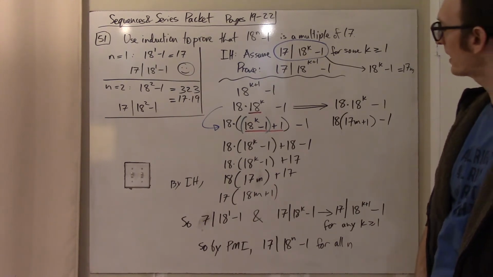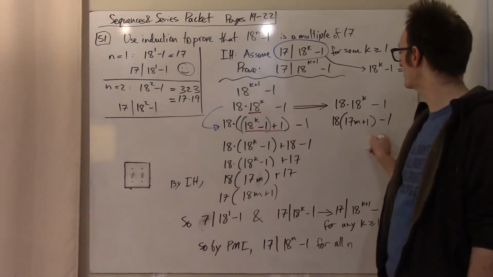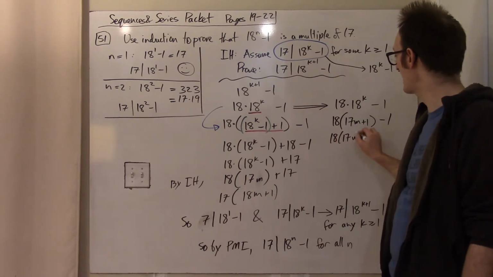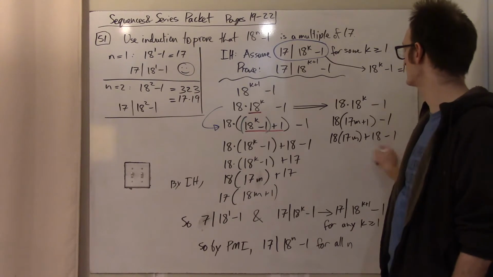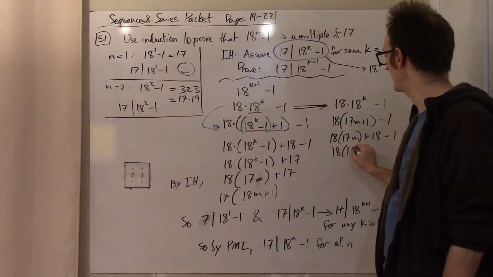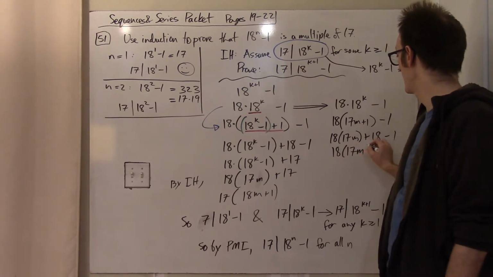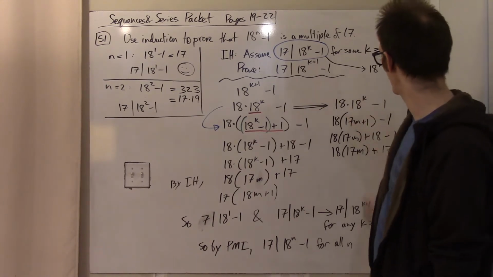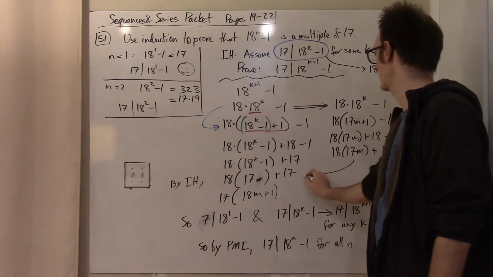You might feel better about that. And then when you distribute through, of course, you get 18 times 17m plus 18 minus 1. So it's really just the exact same thing. It's just cosmetically different.